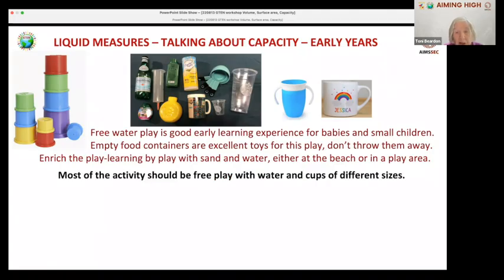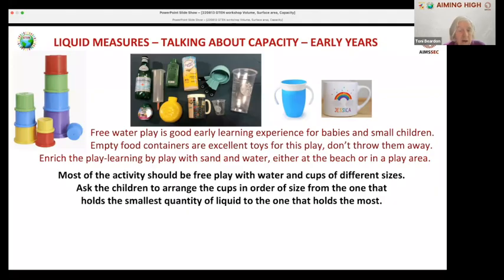So most of the activity for early years should be free play with water and cups of different sizes, containers of different sizes. And you can enrich their play by asking them to arrange the cups in order of size, from the one that holds the smallest quantity of liquid to the one that holds the most.